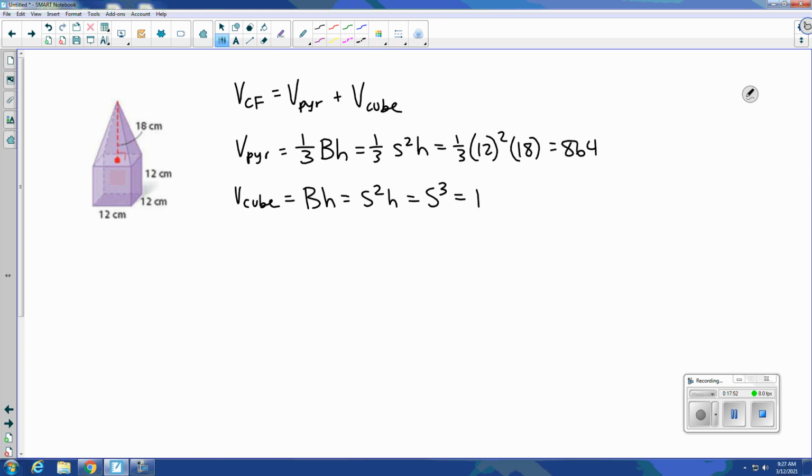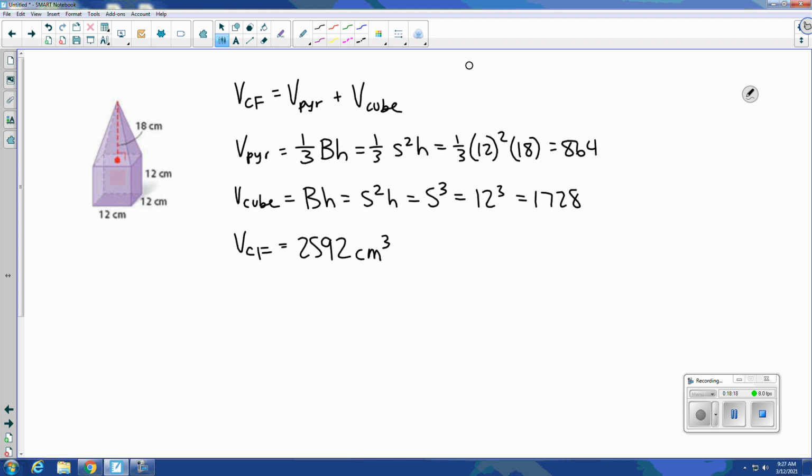And then we get 12 cubed, which is 1728. So if we want the volume of the composite figure, we just add these two together, and we get 2592 centimeters cubed. So there's your total volume.